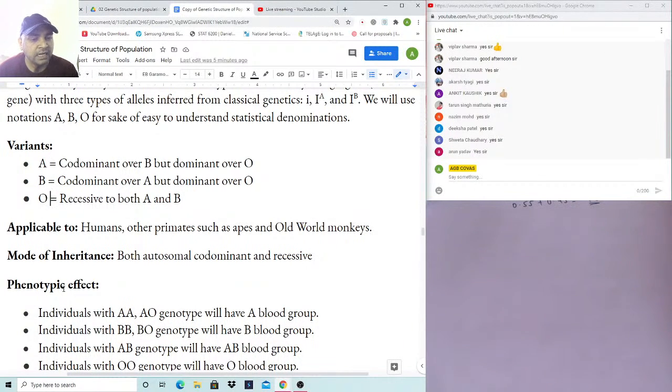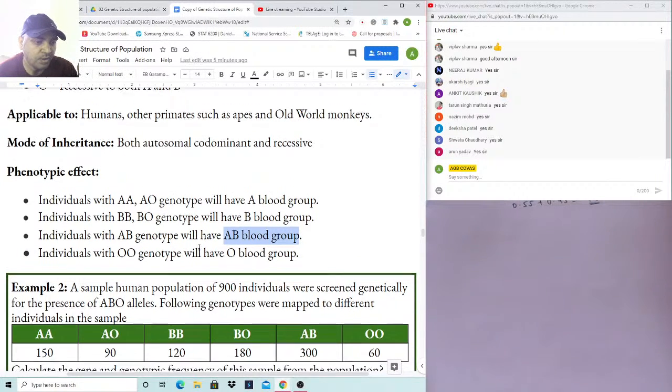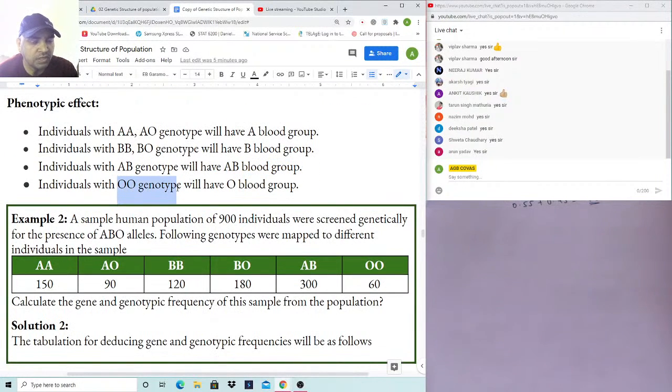And here the inheritance is both autosomal codominant and recessive. Now, what will be the phenotypes? Individuals with AA and AO genotypes will have A blood group. BB and BO genotypes will have B blood group. Individuals with AB genotype will have the AB blood group, and those with OO genotype will have O blood group.